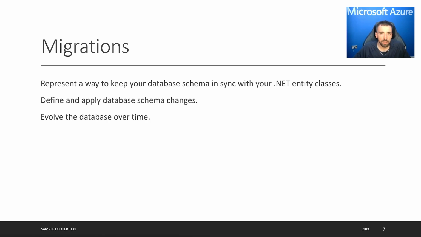The next concept is migrations, and these represent a way to keep your database schema in sync with your .NET entity classes. As we're writing our data structure and our schema through that DB context using those DbSets that represent the tables, over time our classes and models are going to change. The number of tables are going to change as the application evolves. The schema of the database needs to evolve too.